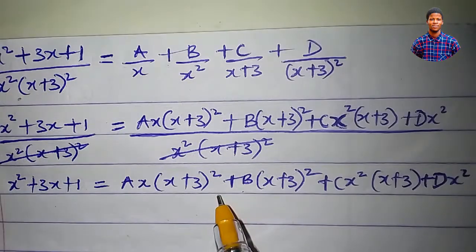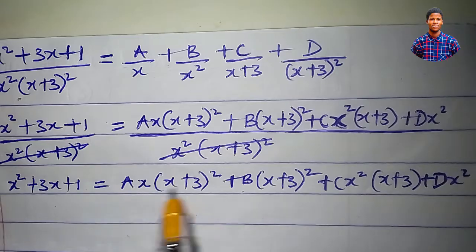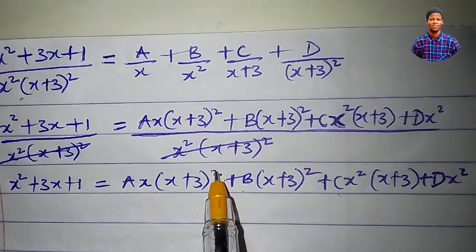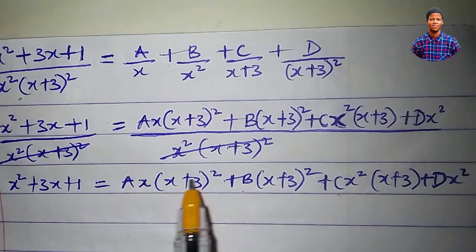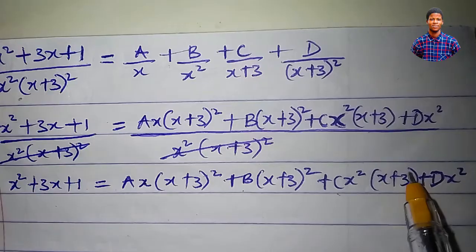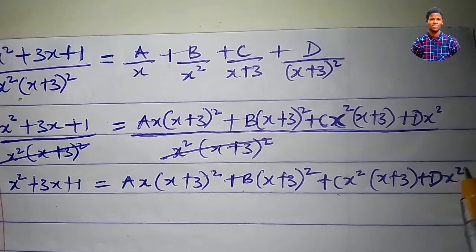I can plug 0 for x into this equation. If x is 0, everything here will disappear because 0 times everything is 0. If x is 0, everything here will also go. Of course, this will also go.